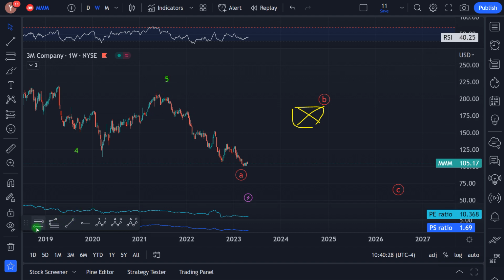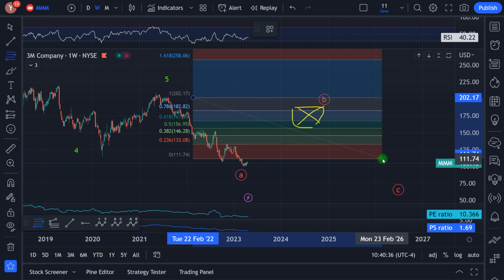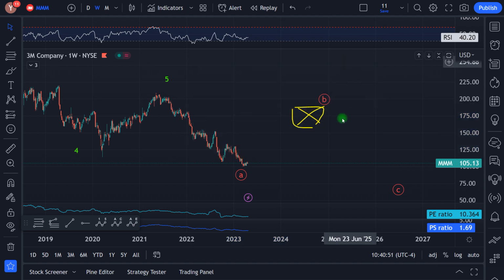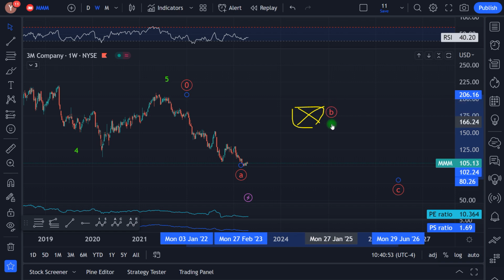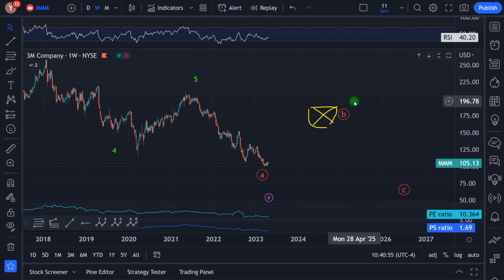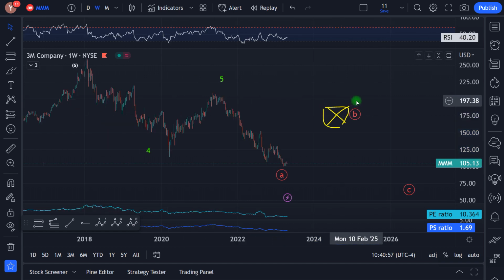So using the Fibonacci levels, we may see that it can be this area, 182 to 167 to 145. So to this area we may see a bounce. It can be the wave B. Actually I'm expecting to see a bounce to these levels.